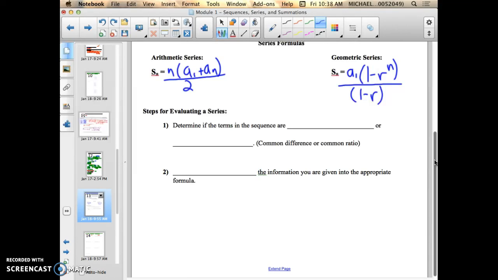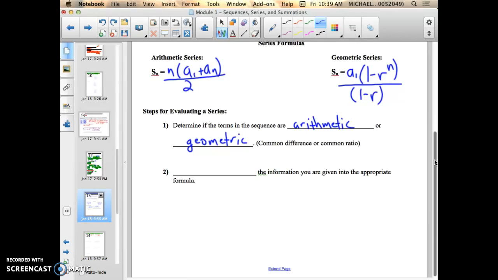The first step in doing this is to determine if the terms in the sequence are arithmetic or geometric. That is pretty much the first step in any of this module. If I'm given a list of numbers, a sequence, I need to determine: is it arithmetic or geometric?